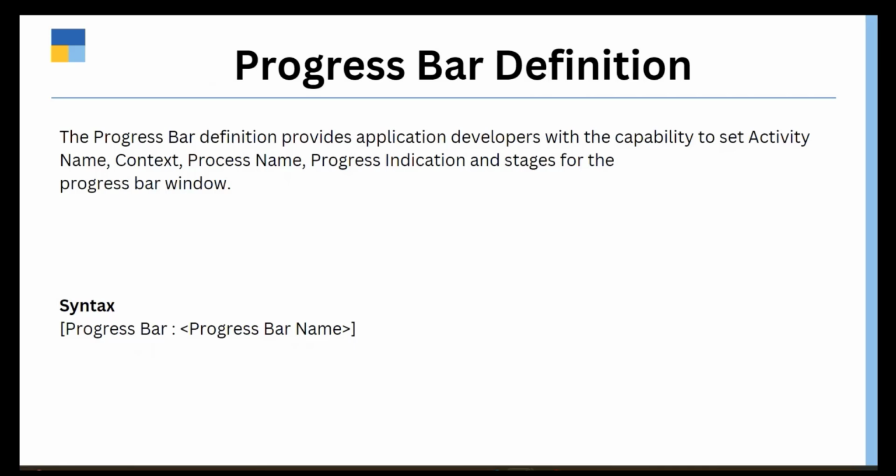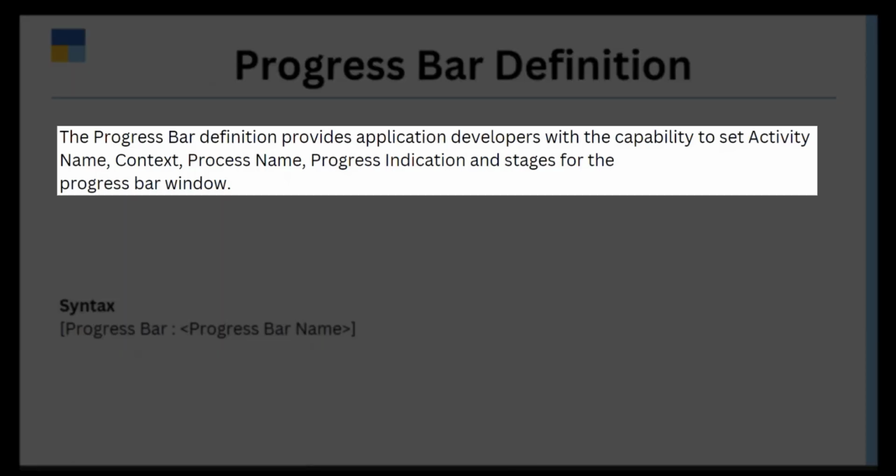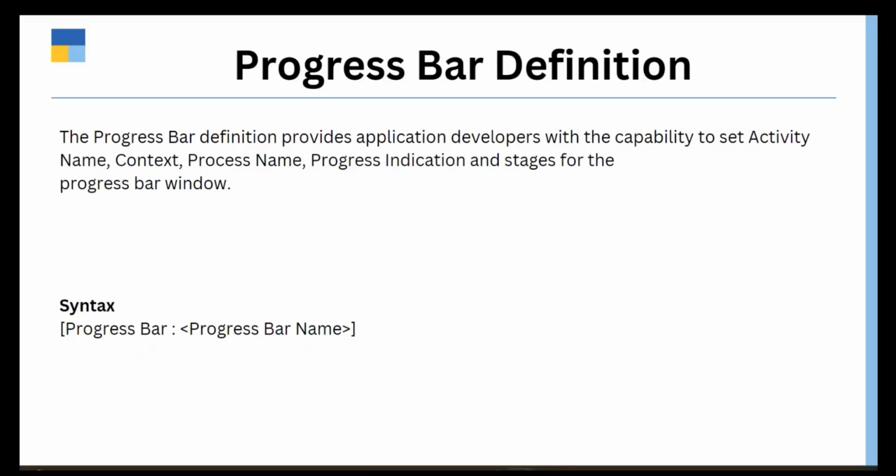Let me tell you, those are actions which can be used based on your requirement to show progress only in one stage. The new progress bar definition provides application developers with the capability to set activity name, context, process name, progress indicator, and stages for the progress bar window.